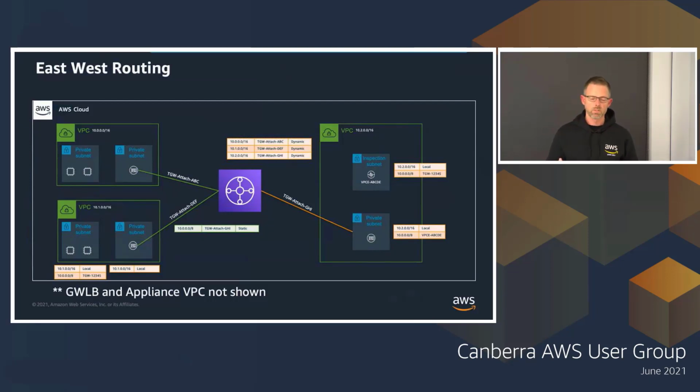And when it returns, it just goes back via the transit gateway. So this is a great way to enforce network separation using a firewall appliance, or just do inspection between VPCs using an appliance. So that's the general use case here.